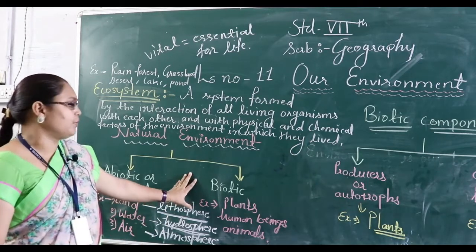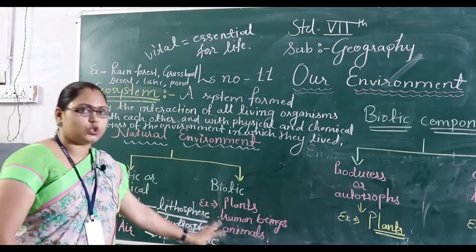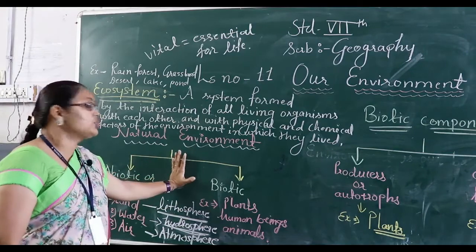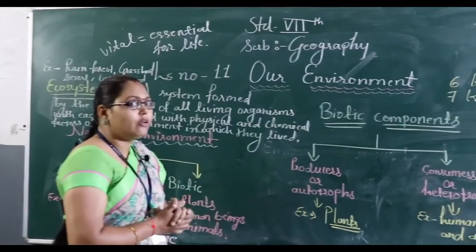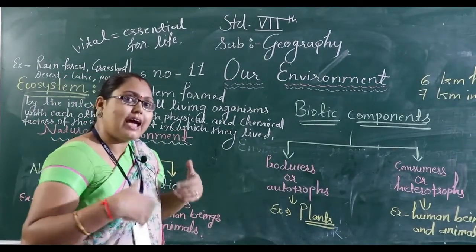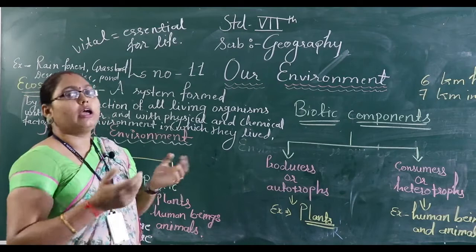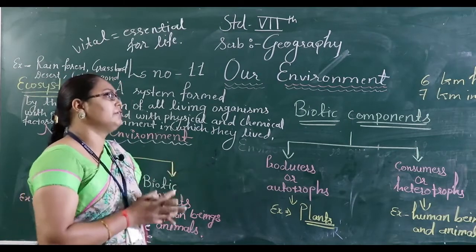The biotic component examples are plants, human beings and animals. This is the natural environment. Now the human environment: the human activities and creation. This is called the human environment, the artificial, man-made environment.